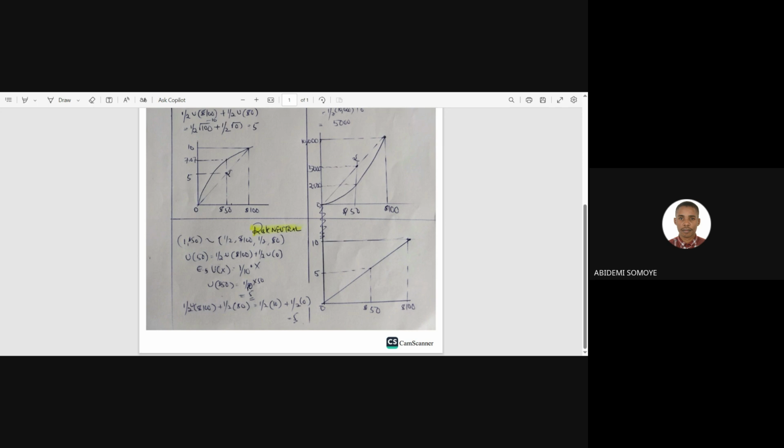I'm waiting, guys. Who wants to explain to us for risk neutral? How did we arrive at that? Explain it the same way I explained the first two.